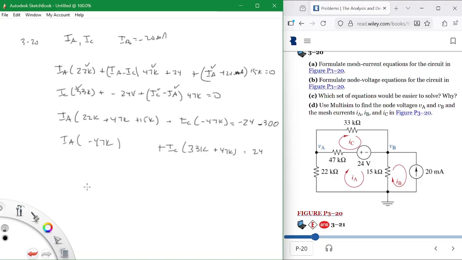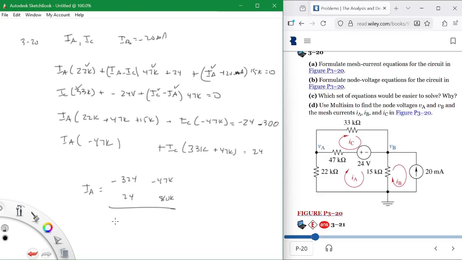And that's all I've got to do. IA is equal to, minus 324, and then 24, and then minus 47K, and then 33 plus 47 is 80K.